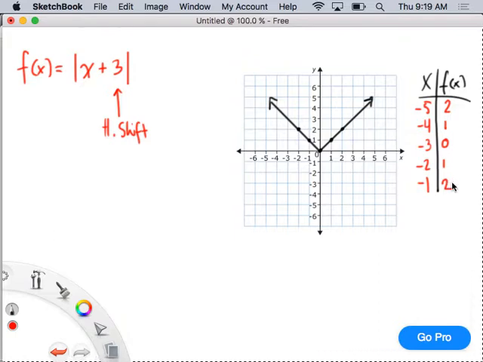Once I filled out my t-chart, I can go ahead and plot my points. -5 is 2. -4 is 1. -3 is 0. -2 is 1. And -1 is 2.